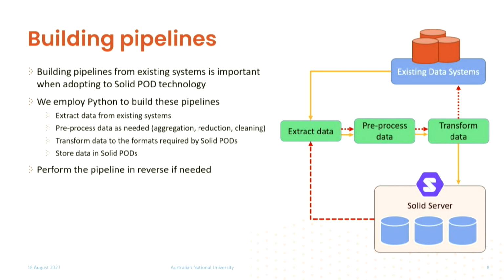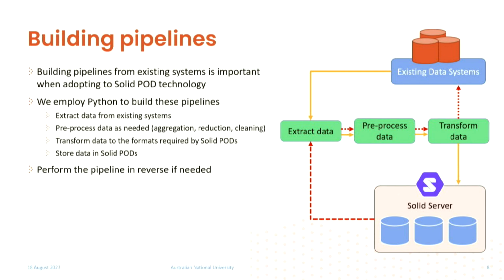In our project, we employ Python to build these pipelines. It's a simple process. We extract data from existing systems, and then we pre-process the data. In the pre-processing, we sometimes do some data aggregation, maybe some data encryption, data masking, on top of the extracted data.